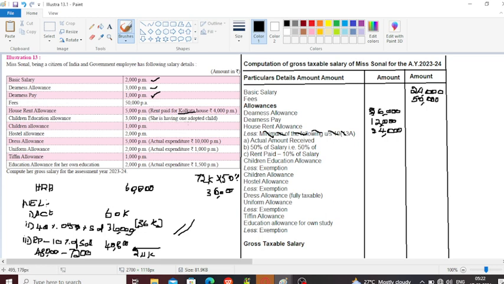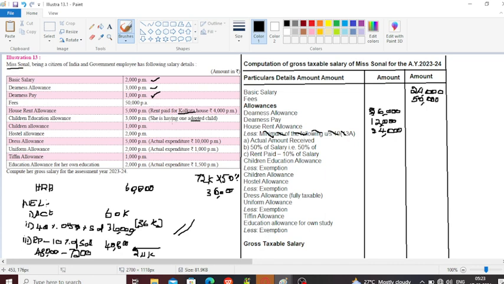She has one adopted child, since Miss Sonal is single. Children's education allowance received by Miss Sonal is 3,000 per month.